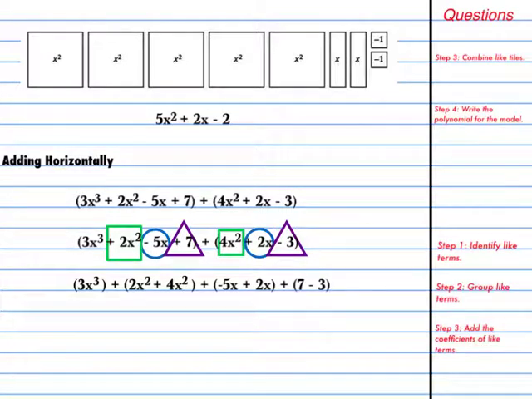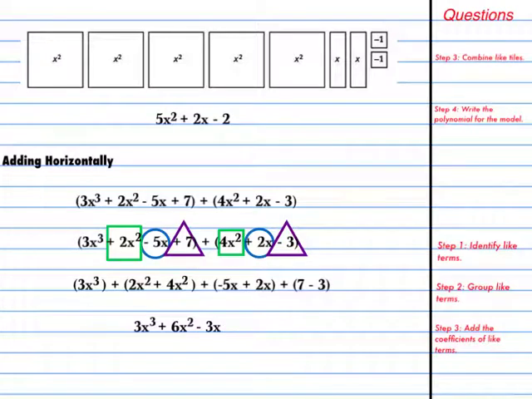Now that you've grouped your like terms, all you have to do is add the coefficients of the terms. So once again, I start with 3x to the third power. Now I want to add the coefficients of this, 2 plus 4. And that's going to give me a positive 6x squared, so plus 6x squared. Next, focus on negative 5 and 2.